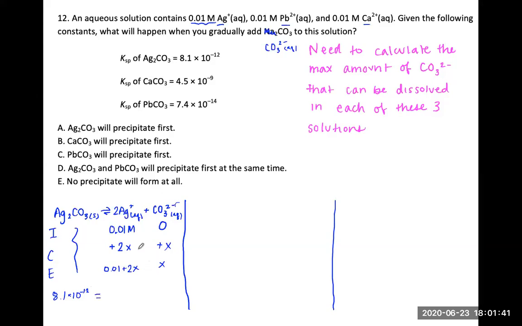And because it's so small, we can ignore any x's that are added or subtracted. I'm just going to go ahead and cross that one out. And so what we'll end up with here is 0.01 squared times x. And so then when I solve for x, I'll be getting the maximum amount of carbonate that I can add before I start getting a precipitate.